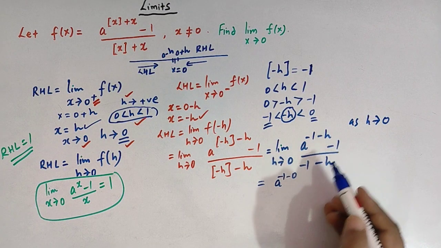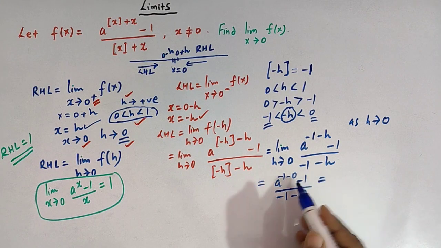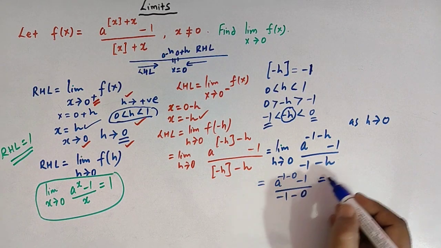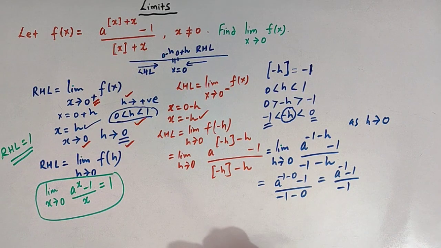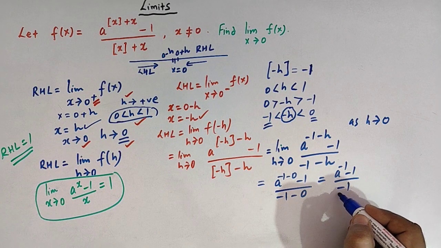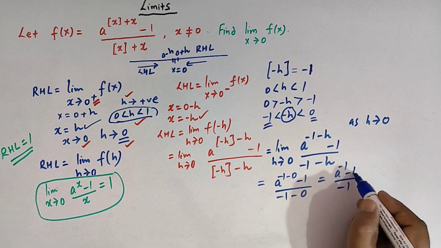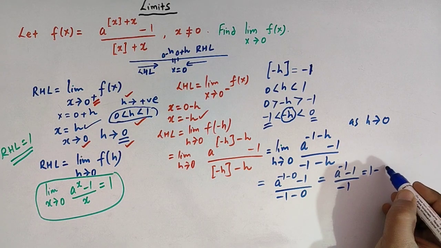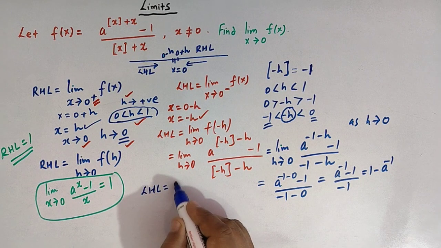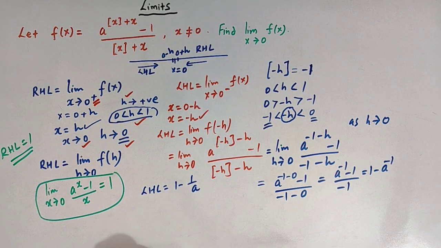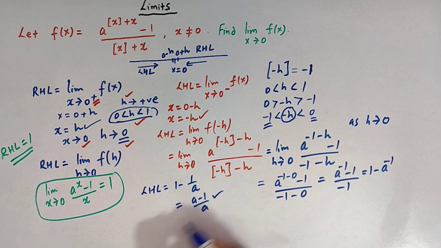Here we'll take h is equal to 0, and here we have -1, -1 minus 0, right? So let us simplify it. So here we have a raised to -1, minus 1, over -1, right? And taking this -1 to the numerator, we can reshuffle these two terms. So we have 1 minus a raised to -1. So the left hand limit is equal to 1 minus 1 over a, right? Which can also be written as (a minus 1) over a, right?